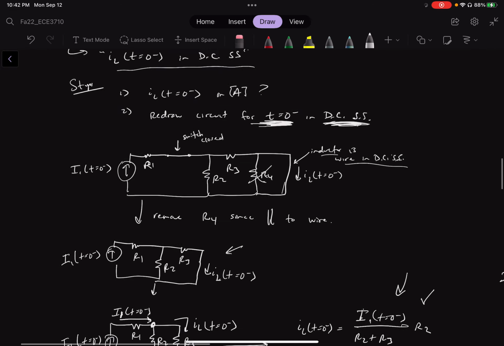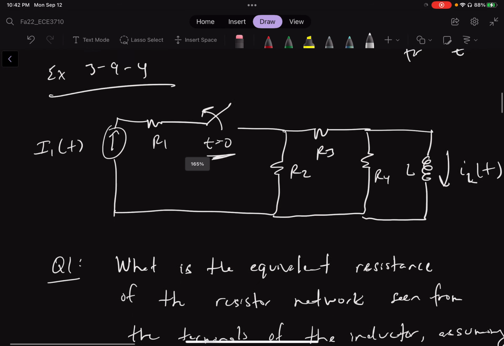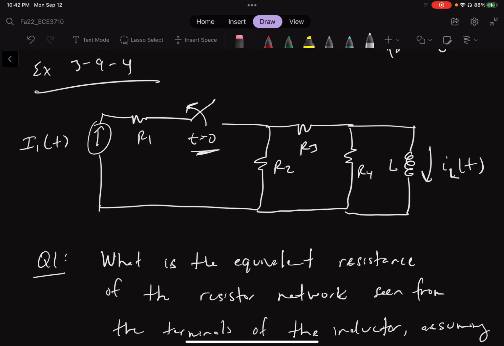So, what have we done today? We looked at this circuit and we found several things. First, we found R Thevenin between terminals of the inductor at t approaching infinity and zeroing out sources.